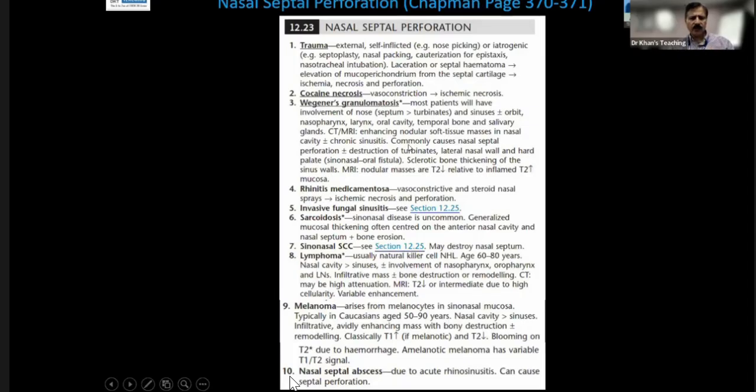And please remember that most patients will have involvement of the nose, septum more than turbinates, so turbinates can also be destroyed.